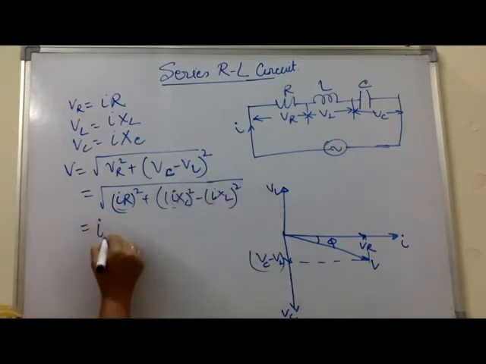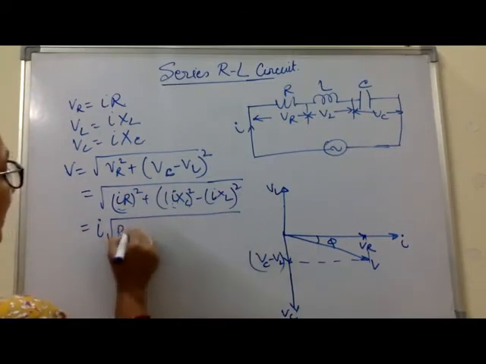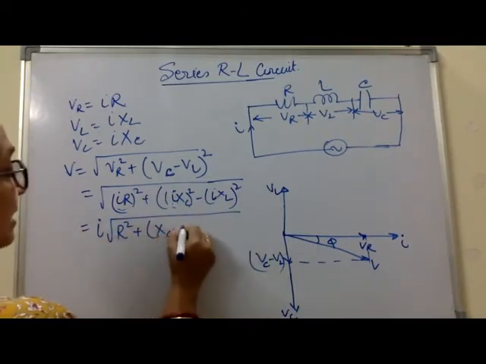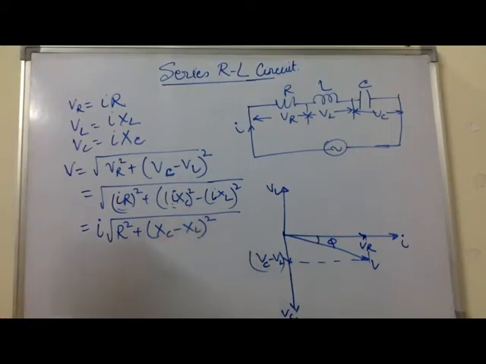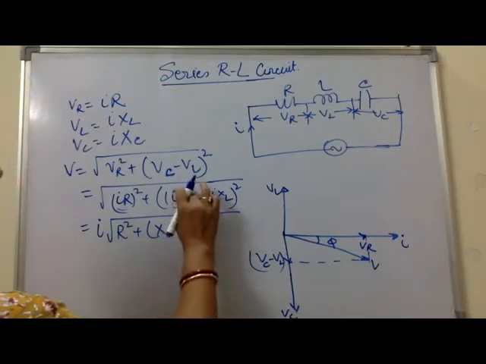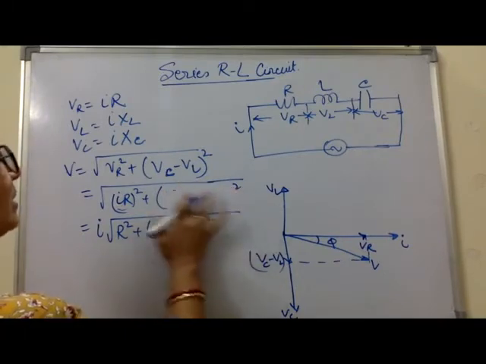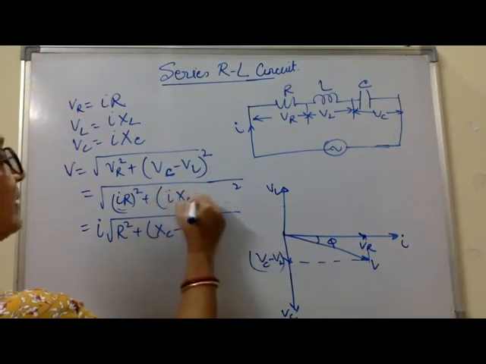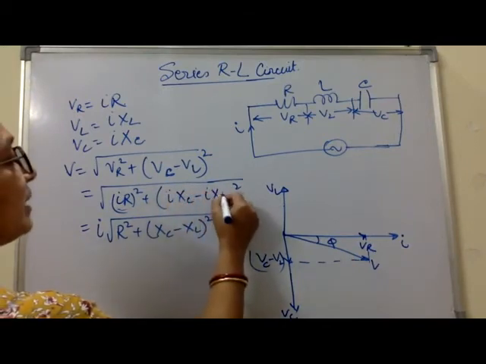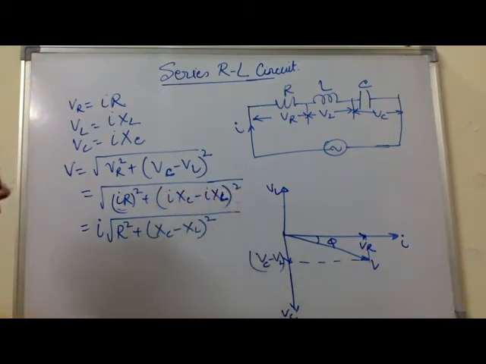Take out I as common, and the remaining will be R squared plus (XC minus XL) squared.